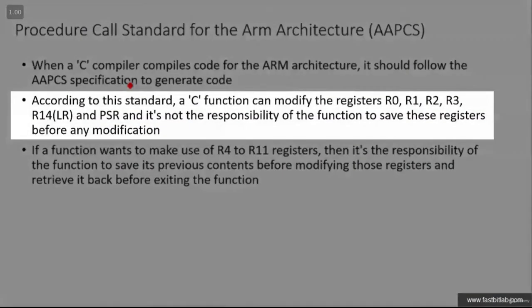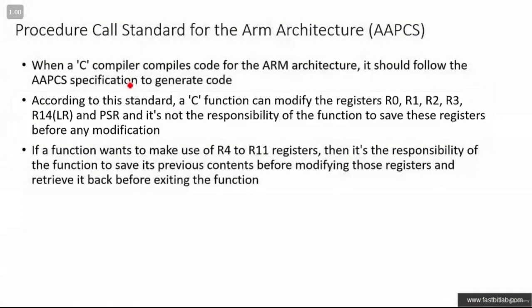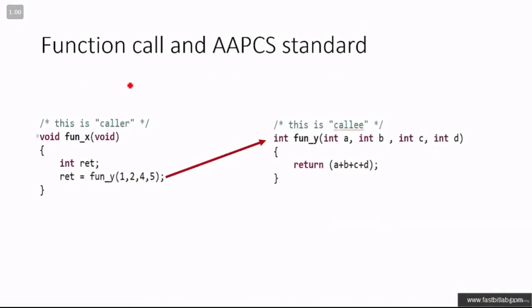According to this standard, a C function can modify the registers R0, R1, R2, R3, R14 and PSR, and it's not the responsibility of the function to save these registers before any modification. For example, let's say there is a function y.